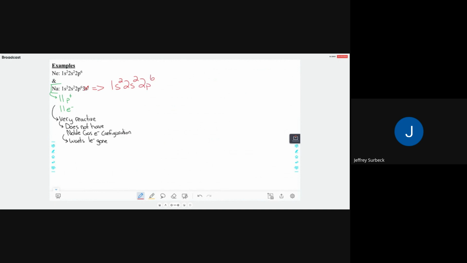Now, that's going to match the electron configuration of neon, but I want to make a couple of essential points. Sodium still has 11 protons, because the moment you change the number of protons, you change the identity of that particular atom. You would no longer have sodium. However, it lost 1 electron, which has a negative charge. You could think of it as subtracting a -1. And so now it only has 10 electrons.